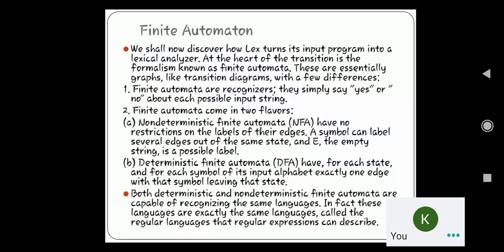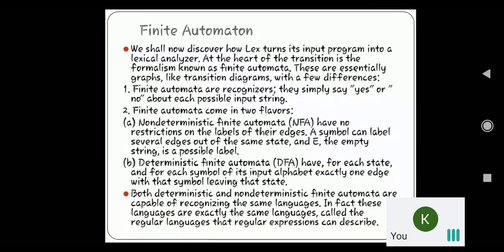The same label, in the sense, for example, in the keyword if, the first character i is one label, and f is another label. Suppose in the diagram the same label is transferred from one state to another state more than once, we call that particular diagram an NFA diagram.